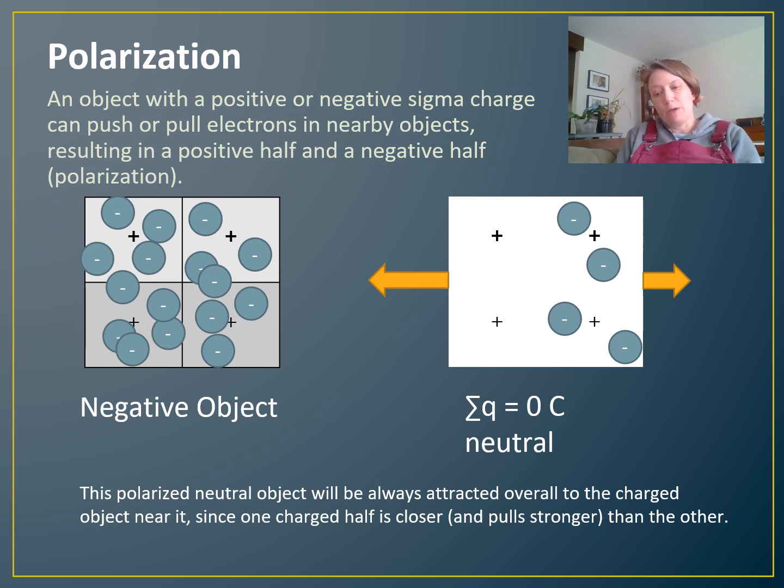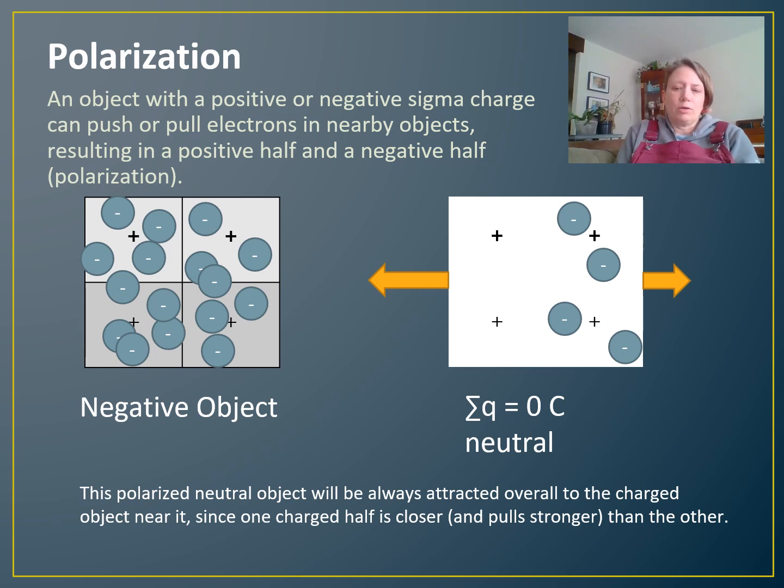The other half is being pushed away from the charged object, but the push is a little bit weaker than the pull because that half is further from the negative object than the other half. And we know that there is an inverse relationship between the electric force and the distance. So that's something that kind of pops up as an advanced problem later on.